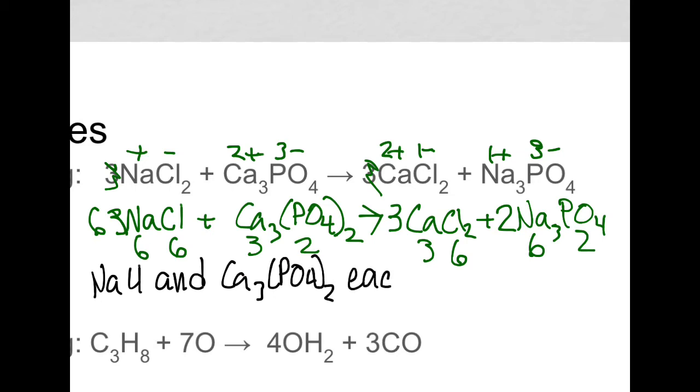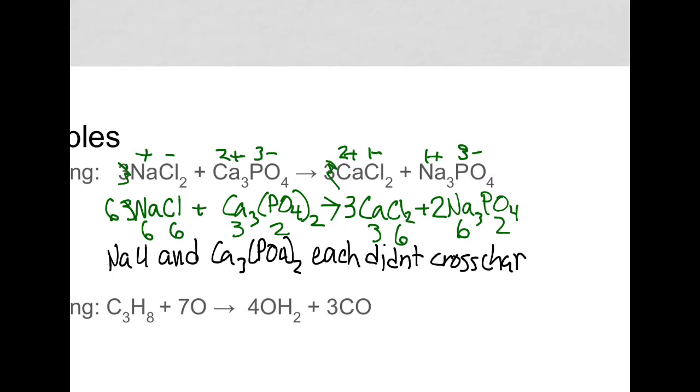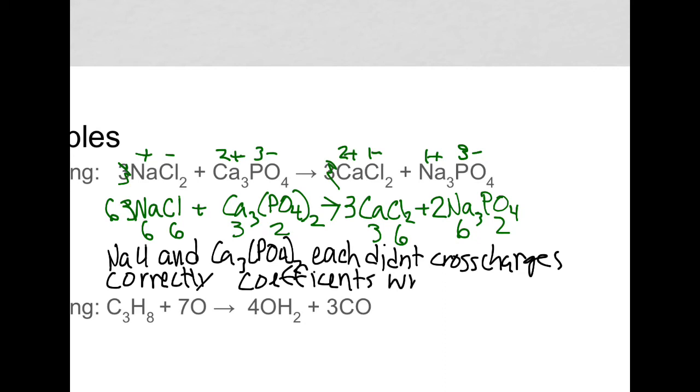Each didn't cross charges correctly. And then those were the 2 errors, and then coefficients were wrong. Because, of course, they couldn't have been right if we had wrong chemical formulas.